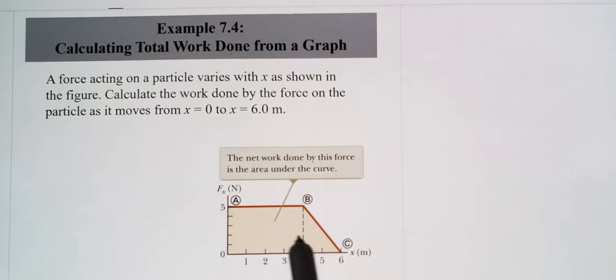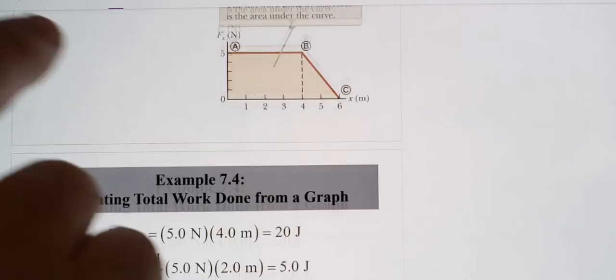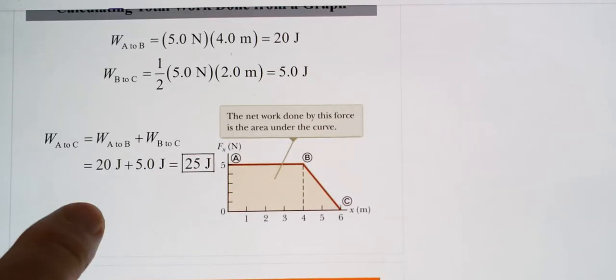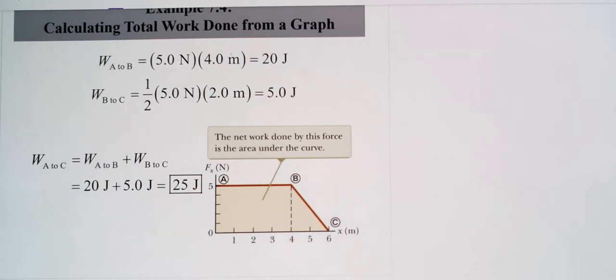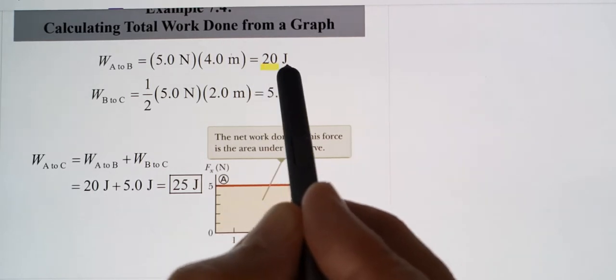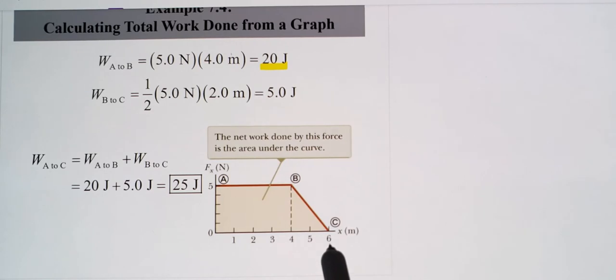Well, it's just the area under the curve. So what's the area here for the rectangle? It's 20. 4 multiplied by 5, it's 20. And from 4 to 6, multiplied by 5 divided by 2, so that is 5.